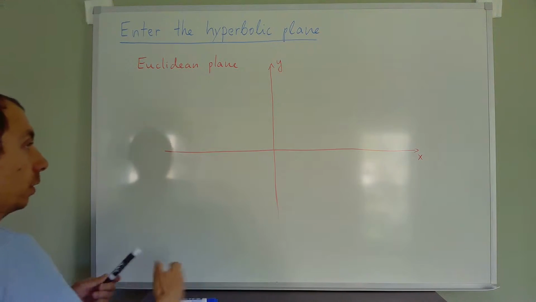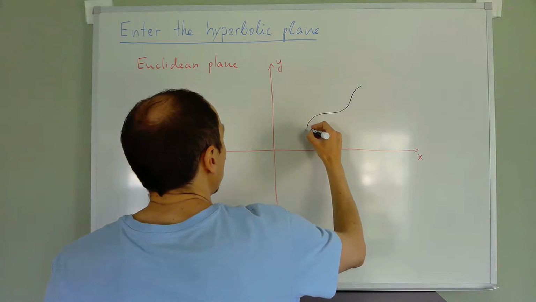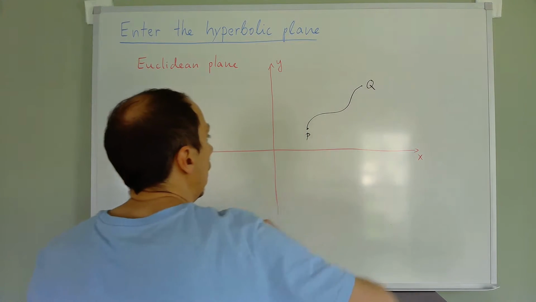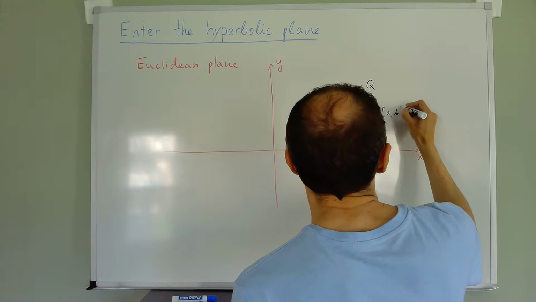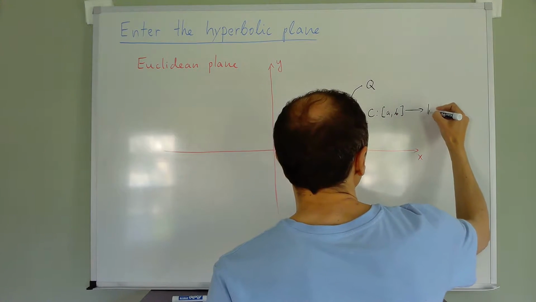If I draw any curve on the Euclidean plane, starting at point P and Q, and this curve is given by a parametric equation. So our notation for the Euclidean plane was this.